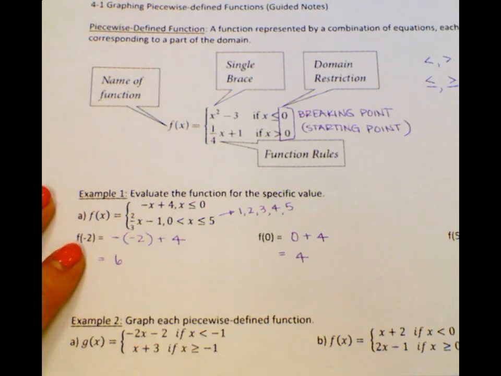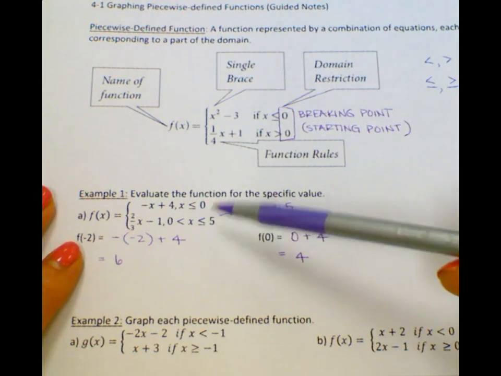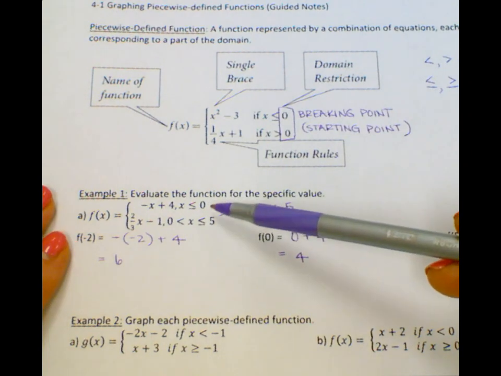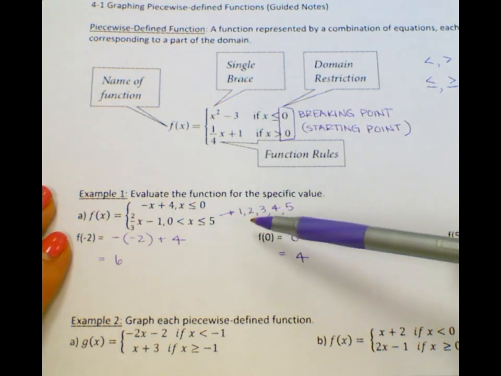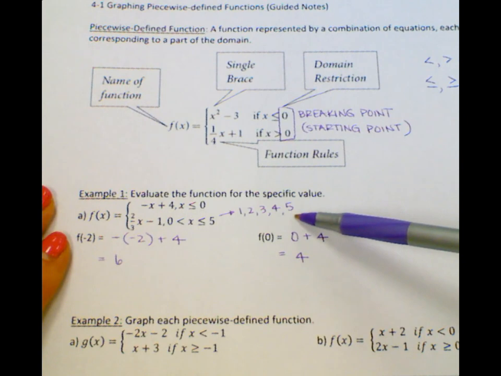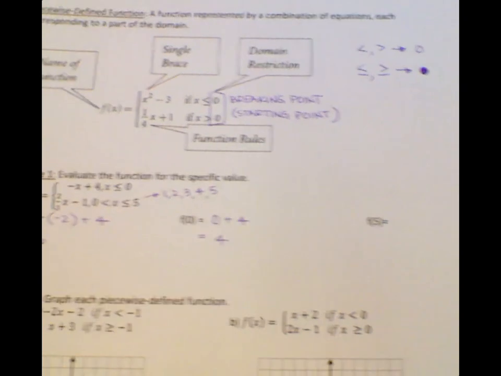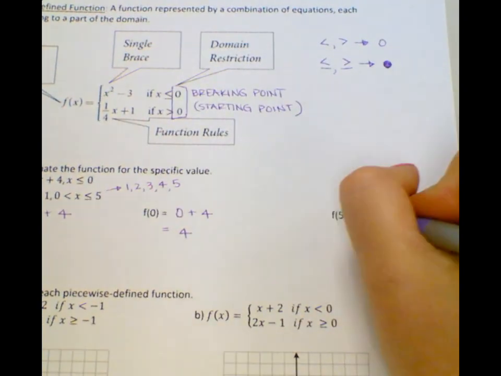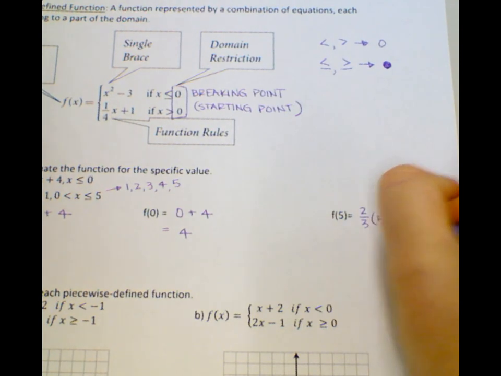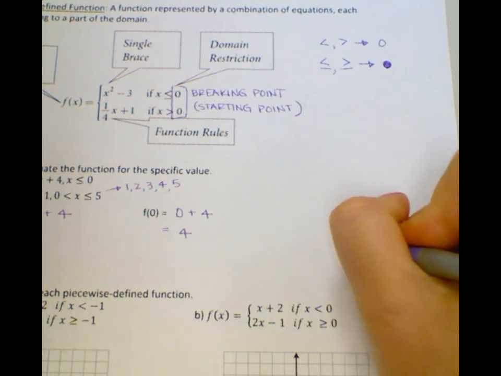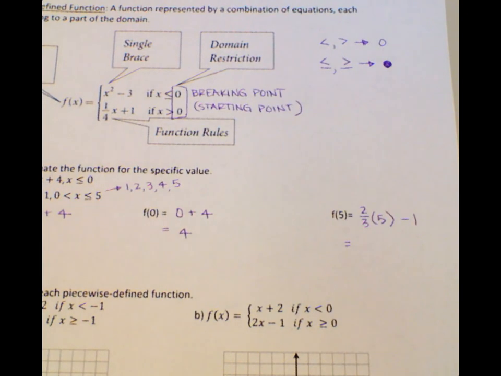Okay, the next one is 5. So which one does this 5 fit into? Is 5 less than or equal to 0? Or is 5 one of these numbers we figured out? Yeah, it's one of these numbers. So that's where we're going to plug it into this function. So let me scoot it over a little bit so you can see me right. So 2/3 times 5 minus 1. I think I'm going to use my calculator.